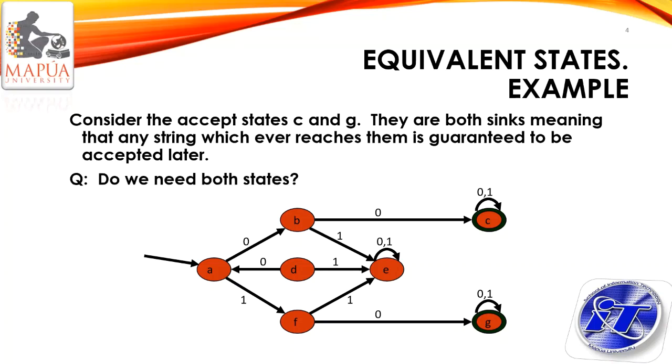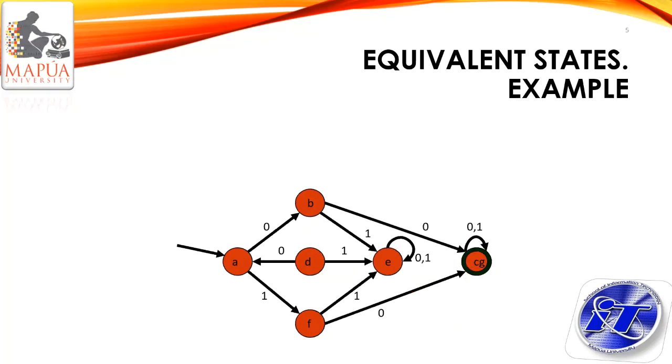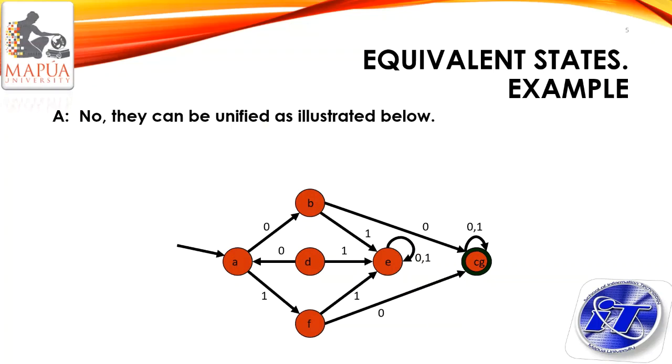So do we need both states in our automaton if the behavior is the same? Definitely no. We could combine them. Instead of separate states for C and G, let's combine them since if they encounter 0 and 1, they are end states, we could group them as one state. Okay? So by doing this, we remove one state.